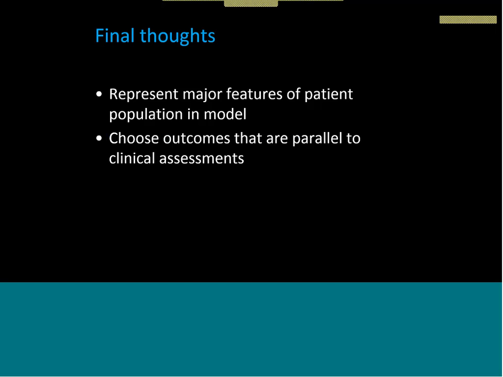We really emphasize choosing outcomes that are parallel to clinical assessment, to the types of things that are done in the clinic. While we can obtain a lot more information from simulations, and those are also very important, certainly the roles of individual muscles that we presented here are something that are not typically able to be assessed in the clinic.